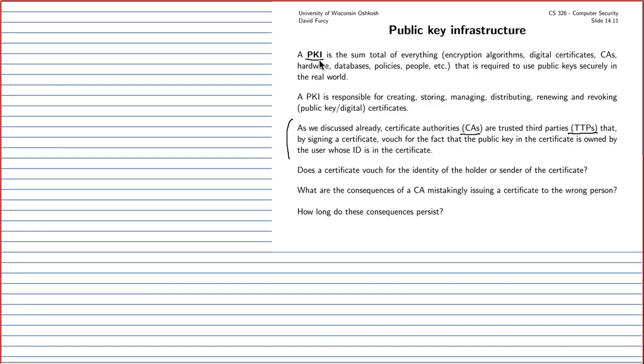So if such a PKI exists, it encompasses all of the elements that are necessary to create and use and trust those certificates.